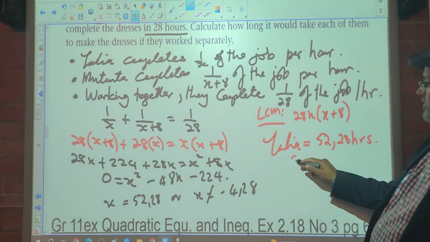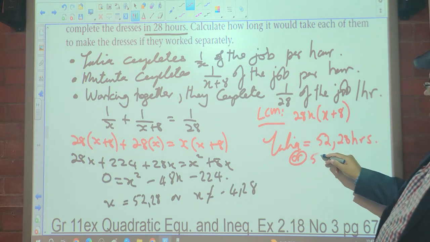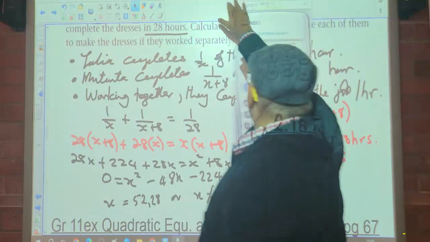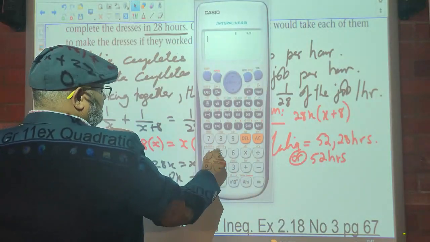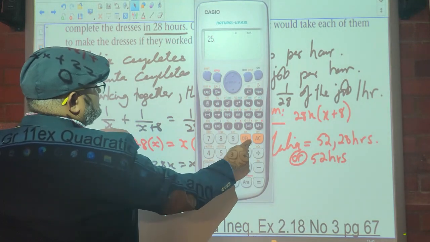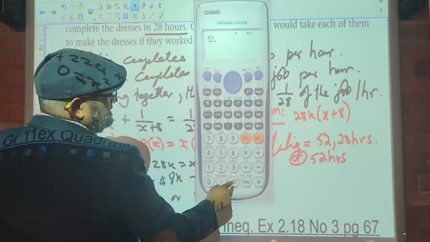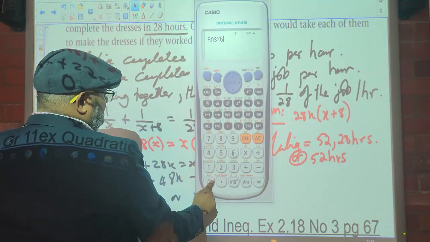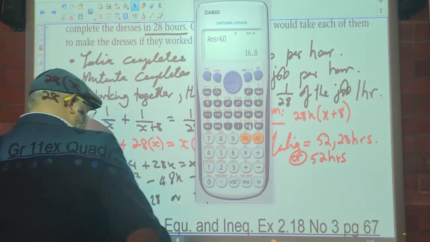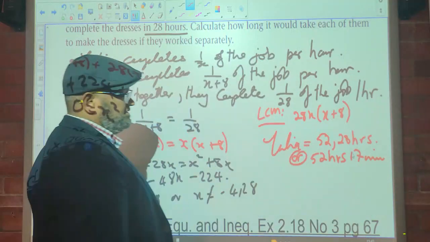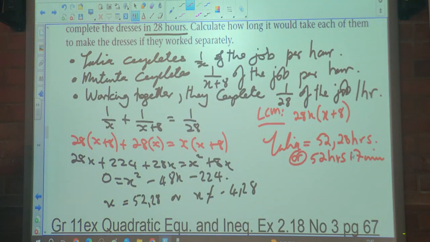Or you can write it as 52 hours and so on the calculator we can say 52.28 minus 52 hours, and you multiply that by 60. It's 17 minutes. Is that correct according to the textbook? Huh? 52 hours, 17 minutes. Check if that's correct with me. Yes, sir. Right. And then Mutinta.